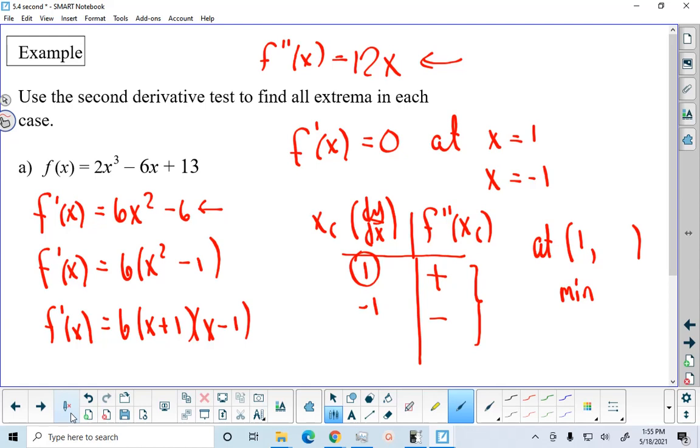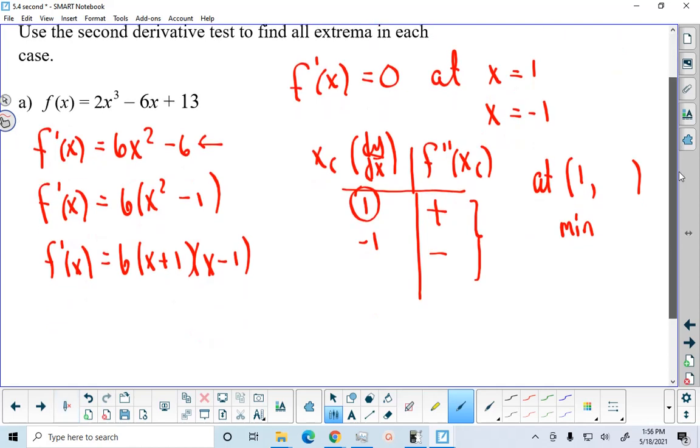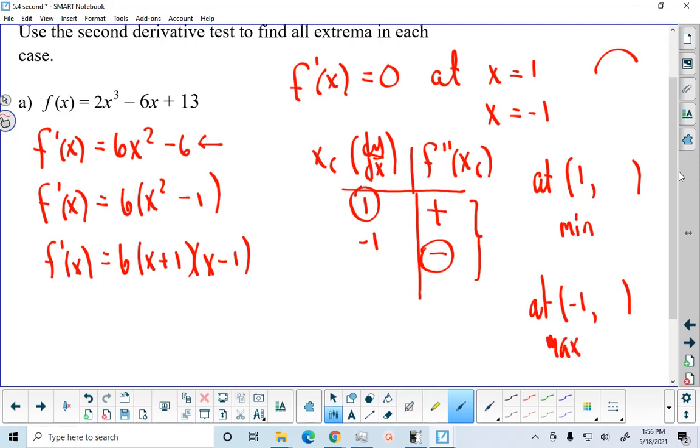That positive second derivative means it's concave up, so it must be a minimum. At negative 1, it's concave down. Well, concave down looks like this, so there must be a maximum. And then all you have to do is find the y coordinates.